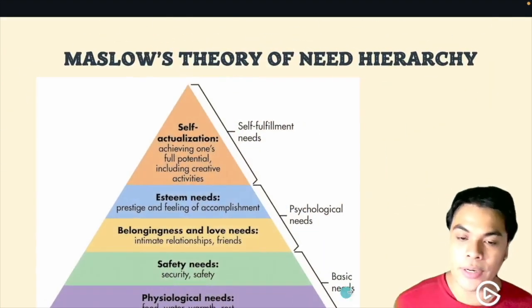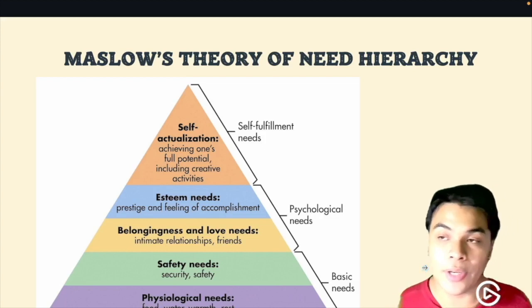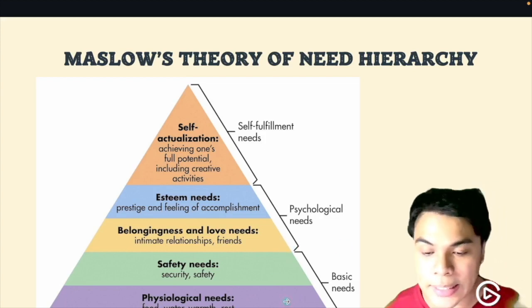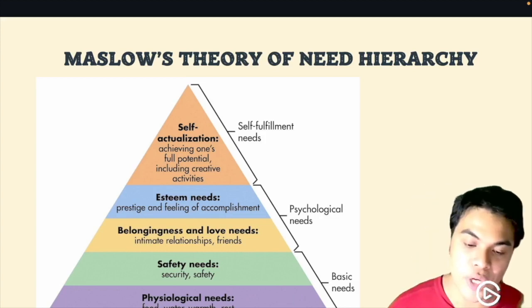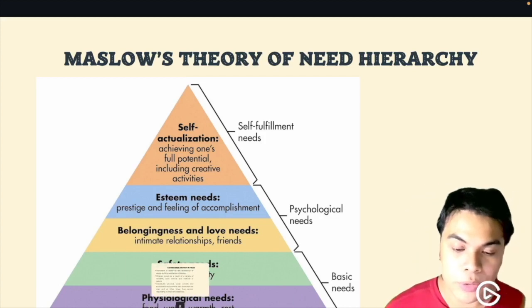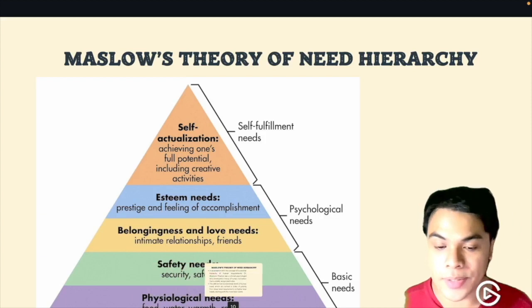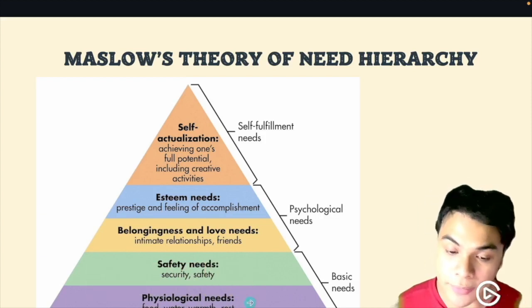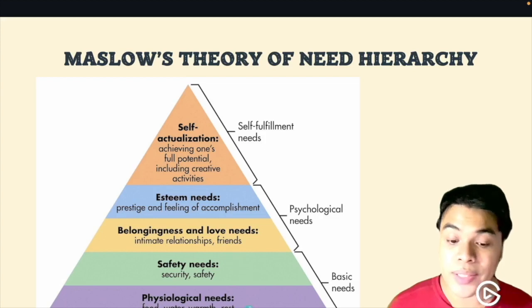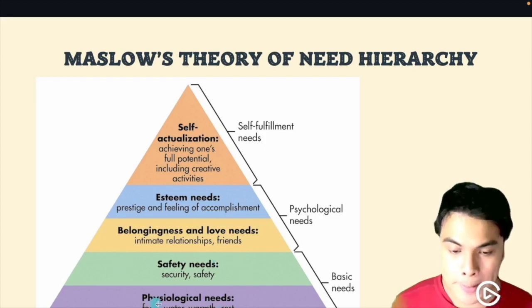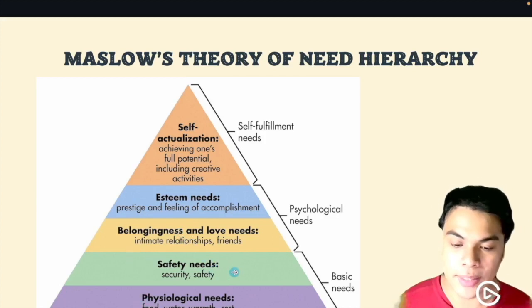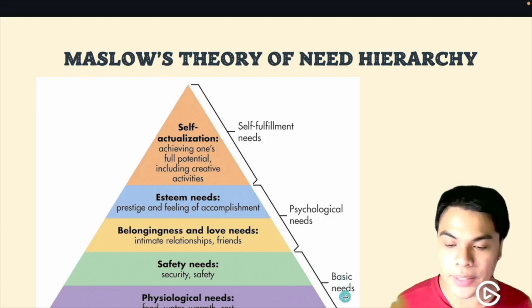And so here are the Maslow's hierarchy of needs. So it starts with the physiological needs or the basic needs such as your food, water, warmth, and rest. These are the basic needs in order for a human to survive. Next is after we satisfy the physiological needs, punta naman tayo sa safety needs, which is the security and safety. Okay? Which is also part of your basic needs.